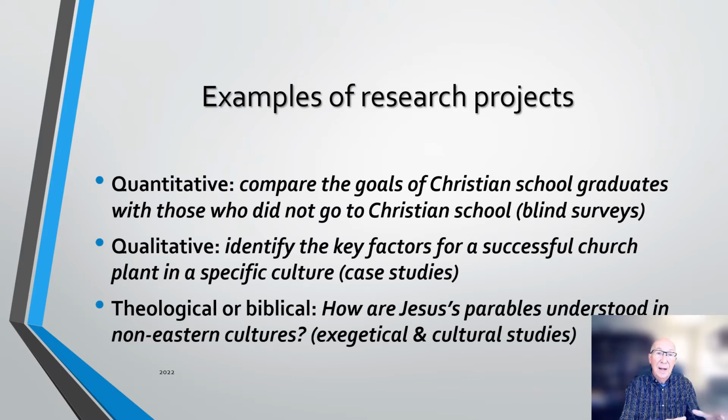You would contact a Christian school, get a number of graduates, and get permission to contact them and to ask them specific questions that would not describe who they are or where they are, but more about their attitudes and their outlooks because they've been to a Christian school. And you would find another group of students to compare who have not gone to Christian school and ask them the very same questions. Then you would statistically analyze their answers.